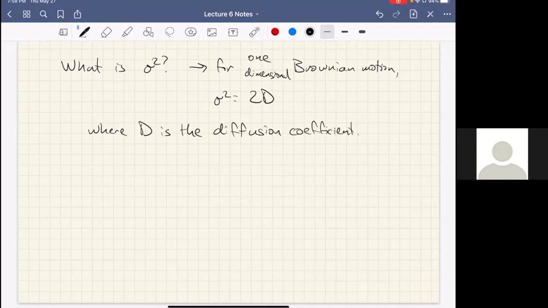The diffusion coefficient has to do with both the medium that the particle is propagating through, and the properties of the molecule that's propagating itself. There's actually a formula for this.